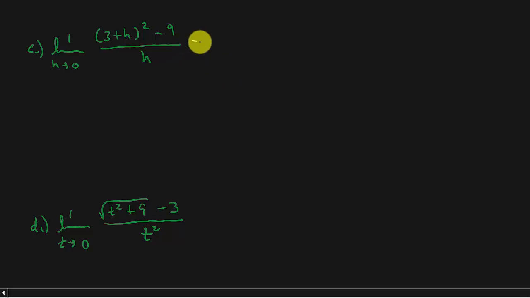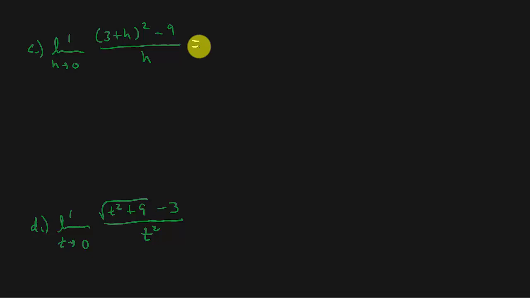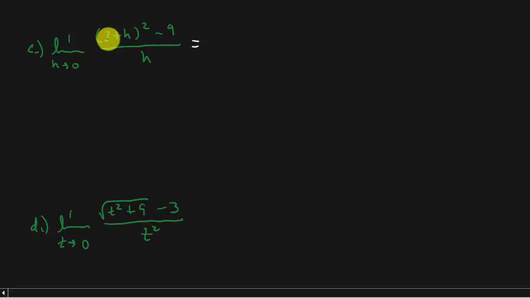All right. So let's see what we could do here. Well, I guess I could multiply this out, right? So that would leave me with 9 plus 6h plus h squared minus 9 over h.